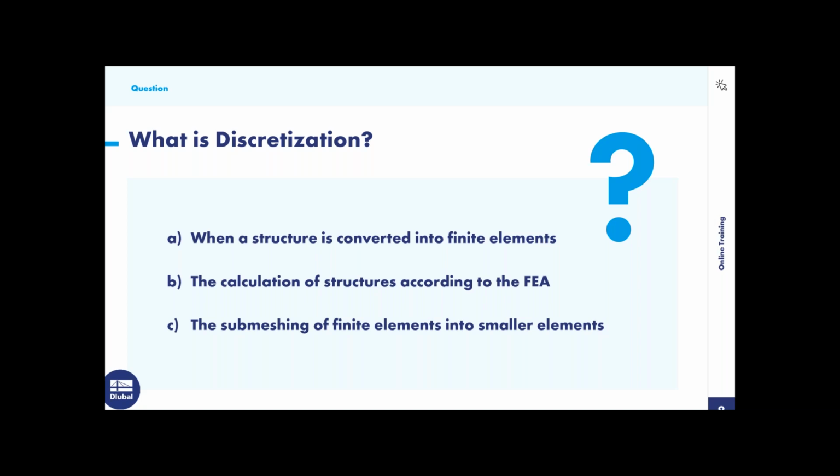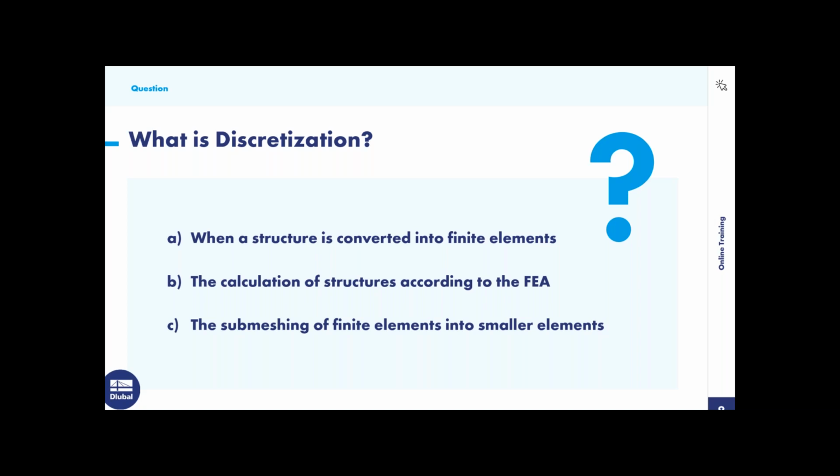All right, so it looks like some people are saying A and some people are saying C. So again, the question is, what is discretization? Basically the answer is A, and it is when a structure is converted into finite elements.